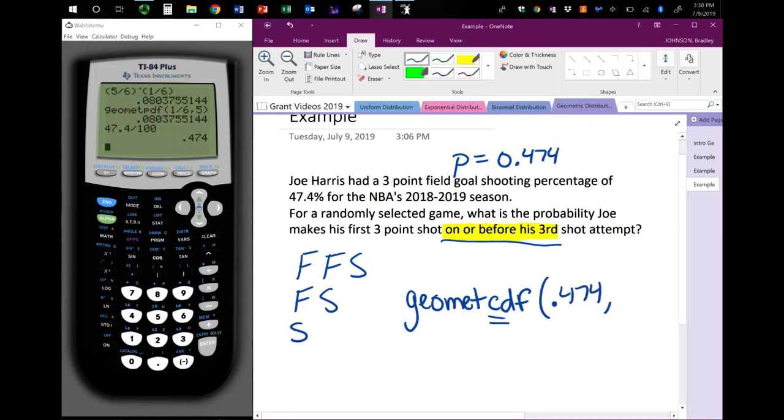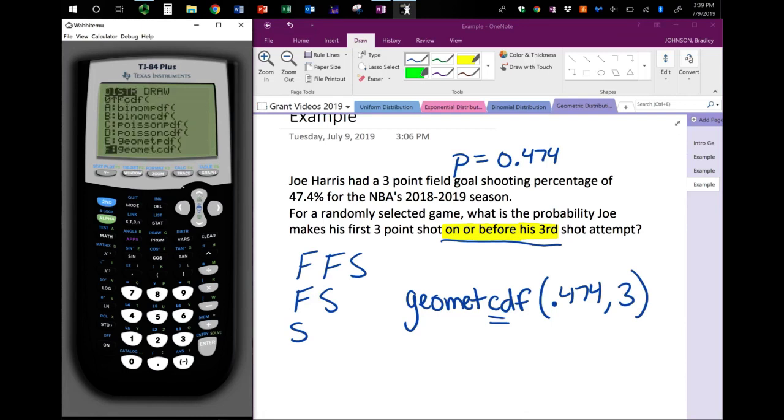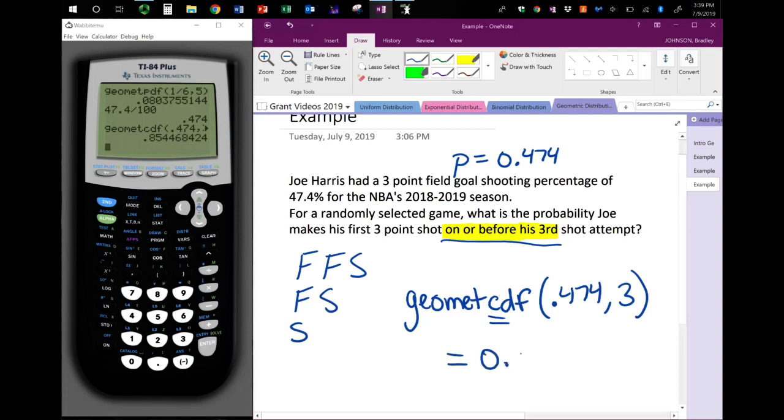If you forget to convert to decimal form, you'll get an error in your calculator. And then we want on or before the 3rd attempt. So 2nd vars, and go to letter F, the very bottom, geometcdf, 0.474, X value is 3. When you hit enter, you'll get, if we round to 3 decimal places, 0.854.